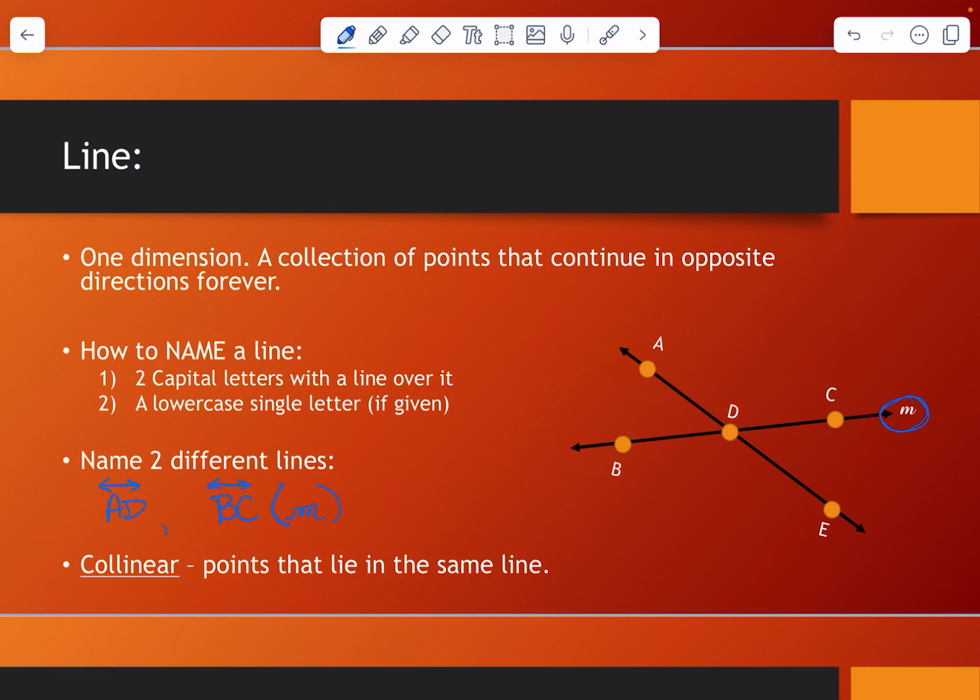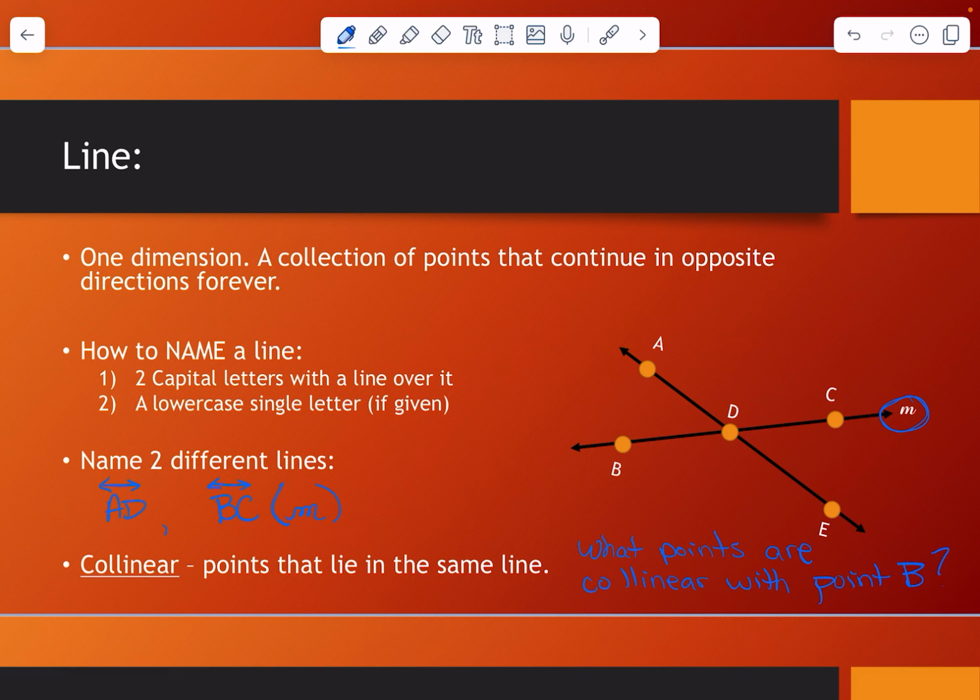Now, we have this vocabulary word that we need to get used to hearing, collinear. Collinear simply means points that lie in the same line. So if I were to ask you, what points are collinear with point B?